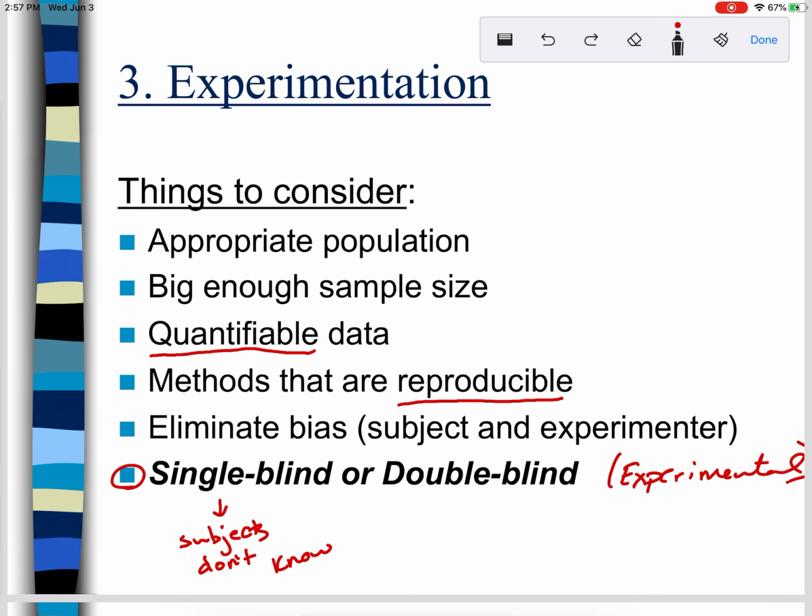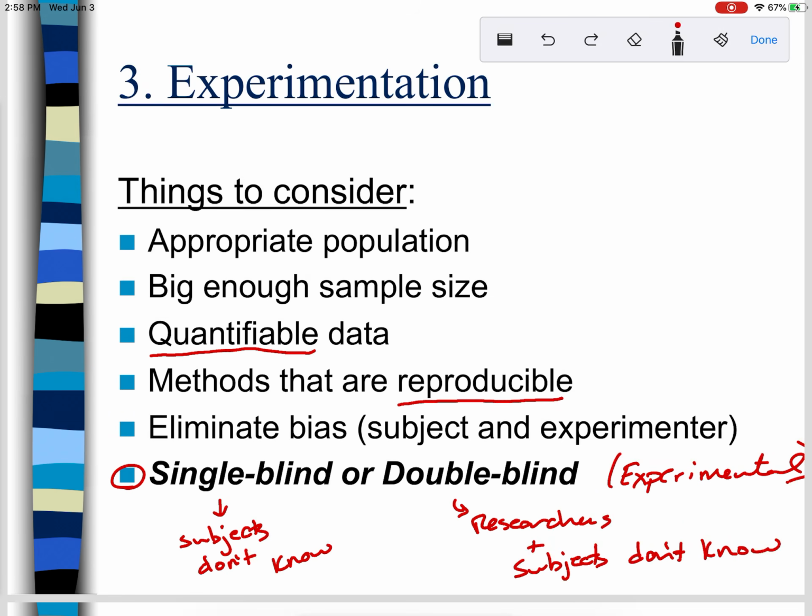So these subjects are blind to whether they're actually getting the whey protein or the fake whey protein. In a double blind, the researchers and the subjects both don't know. And you might think that's not necessary, but we all have some bias.